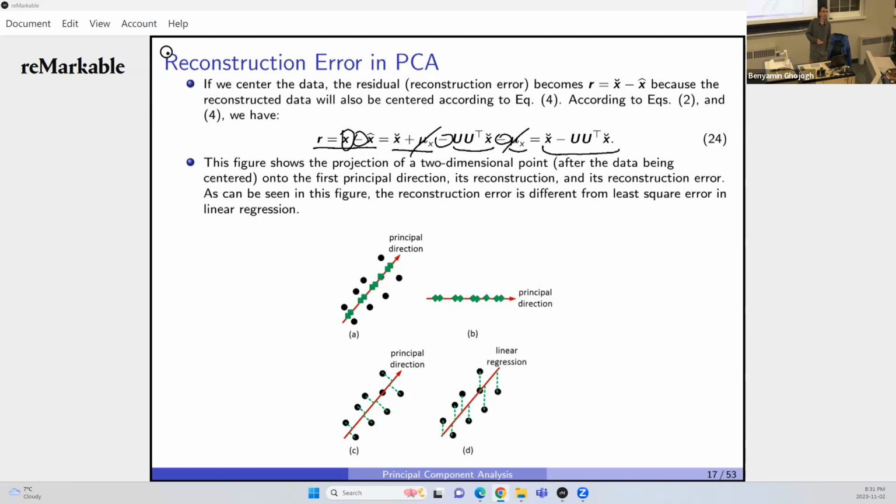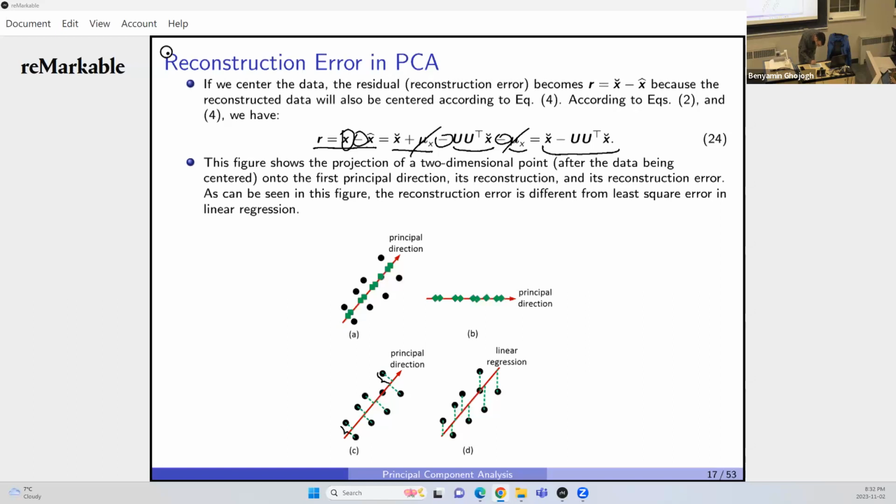So if I don't truncate my U, the reconstruction error will be 0, of course, because it's like rotating and rotating back in the same space. Okay. So consider this principal direction. By the way, this reconstruction error is different from the error in linear regression, the mean squared error. So this is the principal direction.